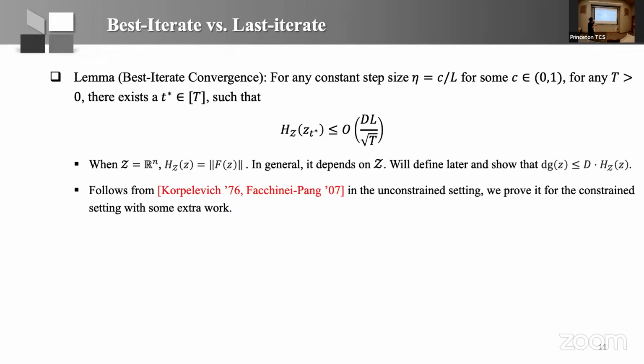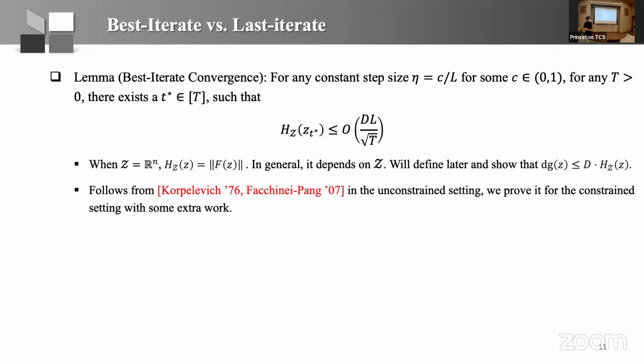So here I'm not writing the duality gap, which I introduced on the previous slide. I'm writing some other things. I'm not going to define this for a general set yet, but in the unconstrained case, this is exactly the norm of the gradient. As you can imagine, if the norm of the gradient is small, your algorithm is not moving.